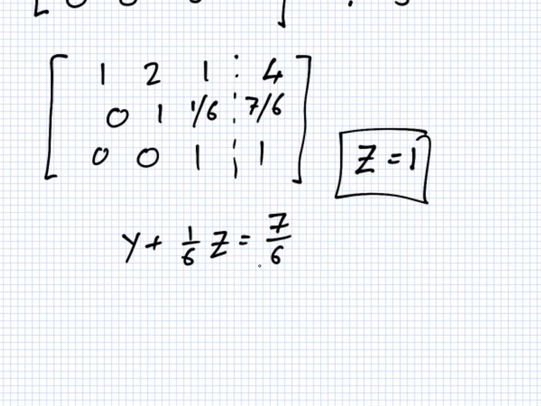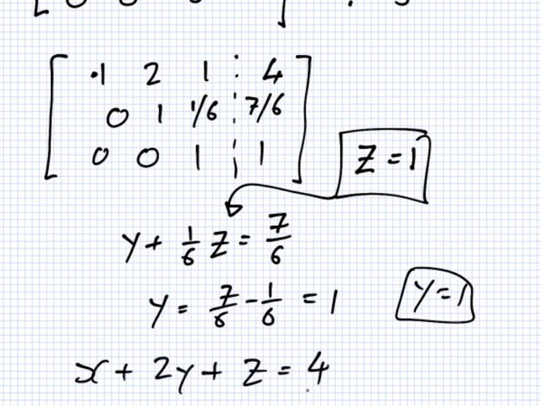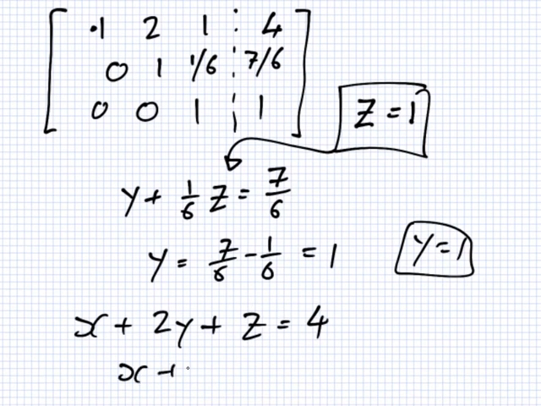But you know z equals 1. So y would equal 7 6ths minus 1 6th, which is 1. So y equals 1. And then if you look at the first equation, you have x plus 2y plus z. But you know y and z. So you have x plus 2 plus 1 equals 4. So x equals 1 here.